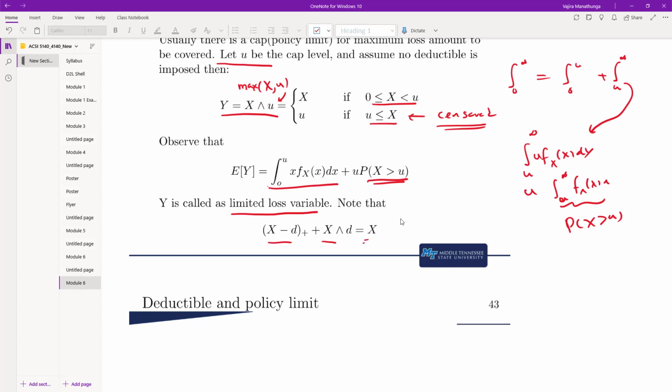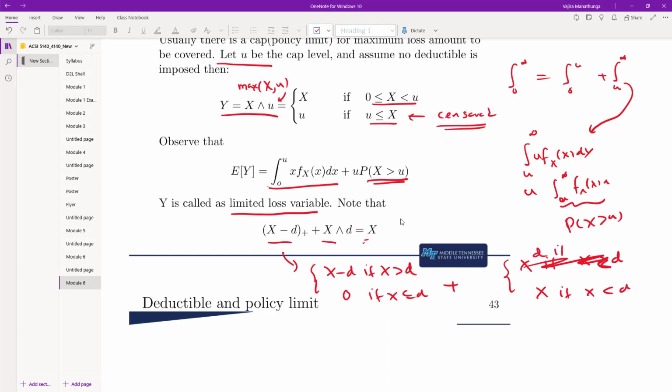You can see that when you add these two, it gives you x, because this one is basically x minus d if x is more than d, and 0 if x is less than or equal to d. And then the other one, x and d, is basically x if x is less than d, and d if x is more than d.